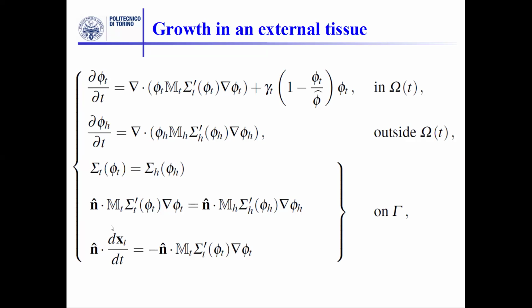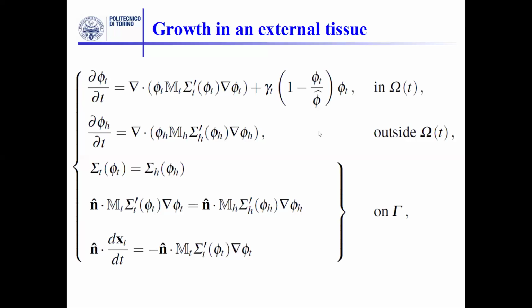The second one is a continuity of flux, a continuity of normal velocity, because I remember that the velocity at which the cells move is the one inside the divergence without the term Pt, without the state variable. So this is the velocity Bt, and this is the velocity Bh, and you are assuming that the normal component of the velocity is equal.